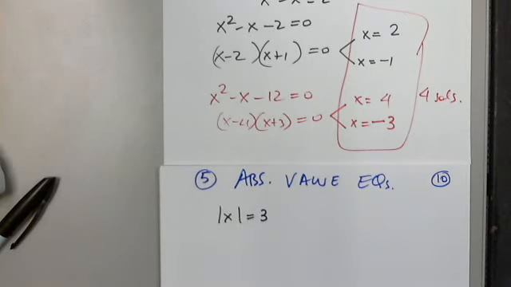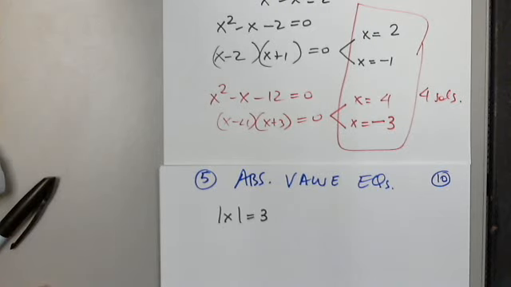The absolute value of x equals 3. So what is this equation asking us? If you remember, the absolute value of x is the distance between x and 0. So this equation says, find those numbers whose distance from 0 is exactly 3 units. 3 units this way, 3 units this way. -3 and 3.